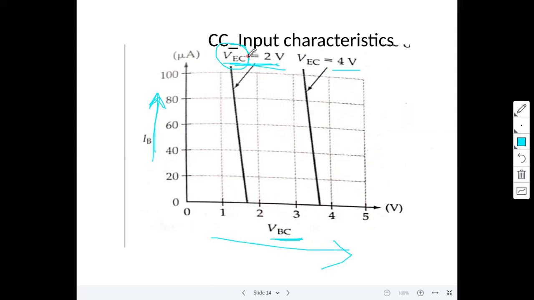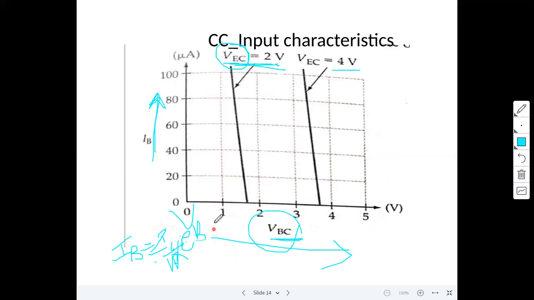this one changes. Now here VBC also changes. The expression is the same. What is the expression? IB is equal to IC by beta times, and we can convert here in terms of gamma also, e power, instead of VBE here, VBC by VT.